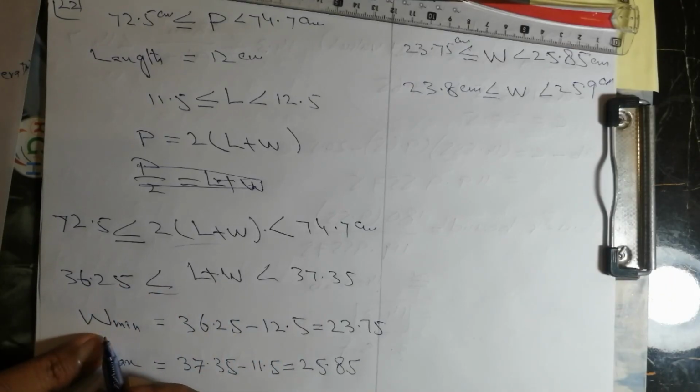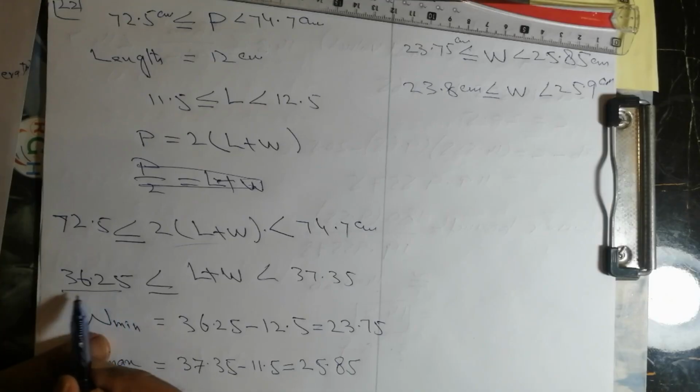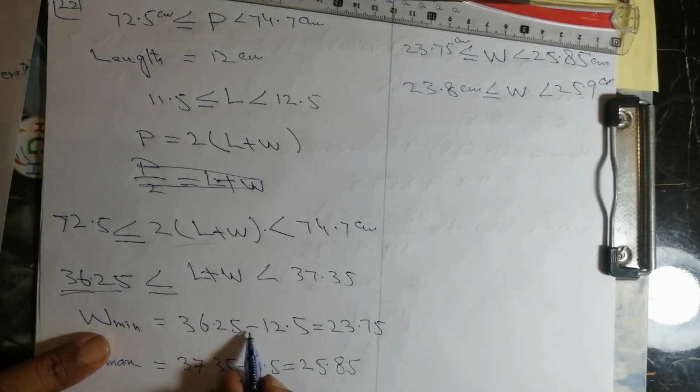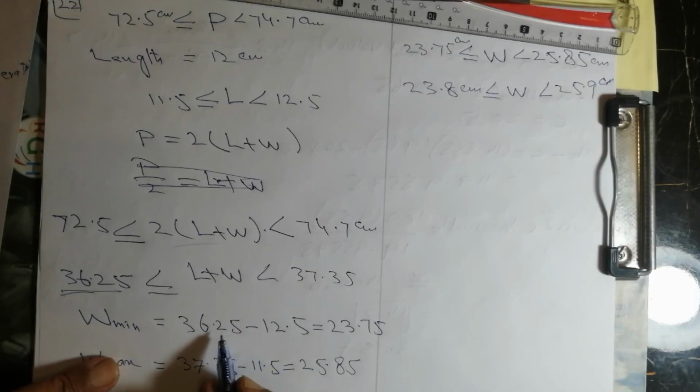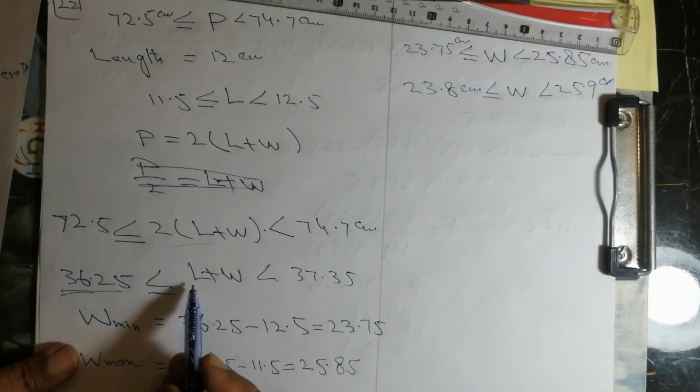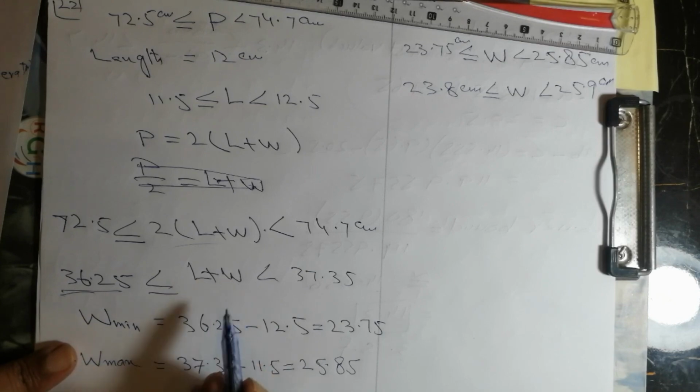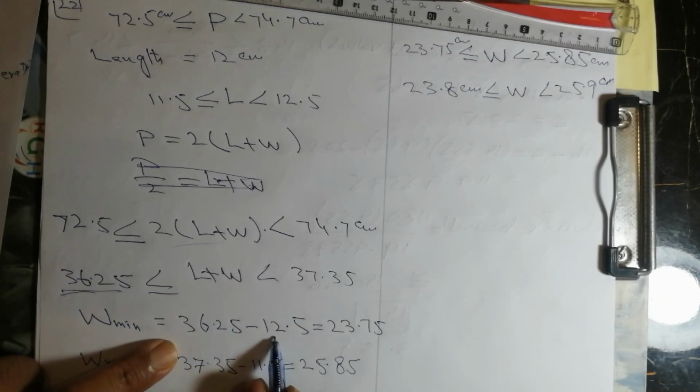For the minimum width, we take the lower bound value, minus, and when we subtract the length from the sum of length plus width, we get the width.